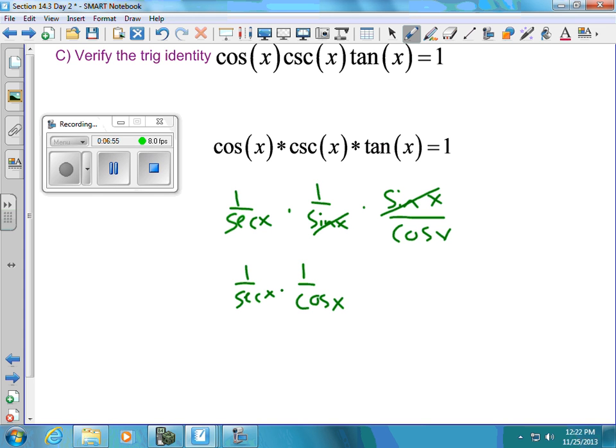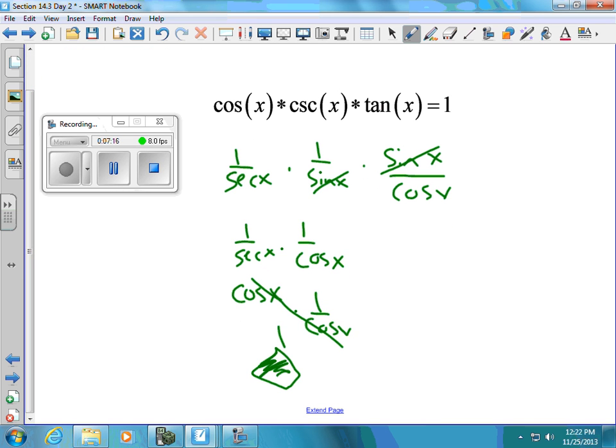Well, we changed cosine of x at the beginning just because we could change it with reciprocal functions, and now maybe I wanted to leave it alone. So if I change it back to cosine of x times 1 over cosine of x, I can see the cosines cancel, and I end up with 1.